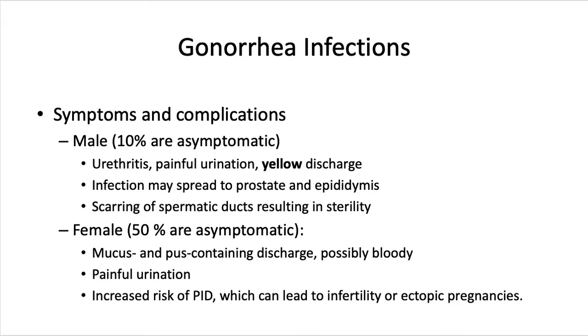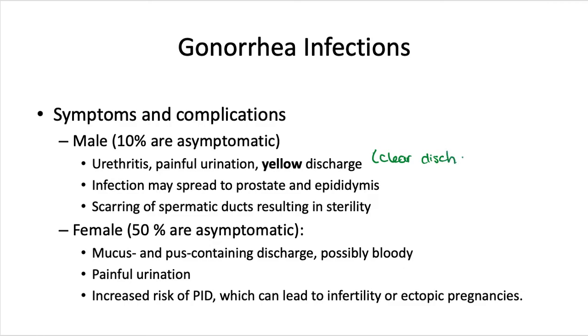All right. Gonorrhea infections can be very similar to chlamydia infections in terms of their symptoms. One thing that is different, though, is that in males, there's going to be a yellow discharge. I don't know if I mentioned this verbally, but in chlamydia infections, there's a clear discharge, and that is because of the intracellular infection.